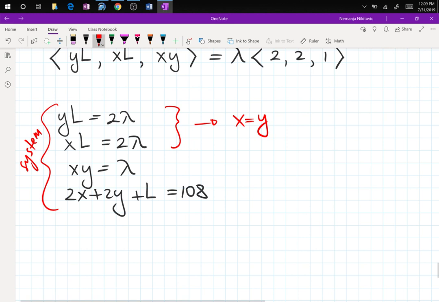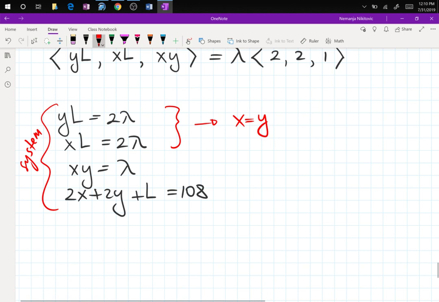There would be no classroom. I don't care which one. Just one of them is 0, there's no classroom. You have to have a non-zero number in order to have a length. So if you consider the first two equations and substitute 2 lambda equals 2 lambda, you get yL equals xL. Divide both sides by L, because L can't be 0, and you get x equals y.